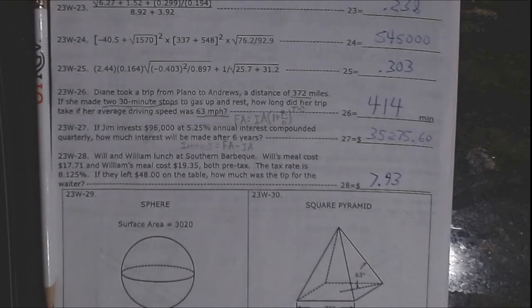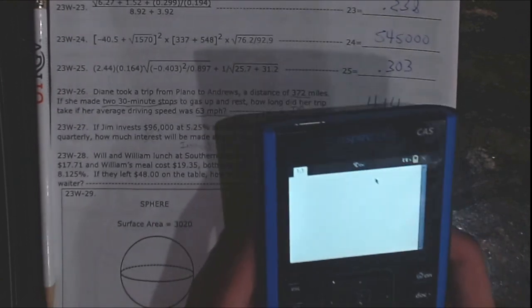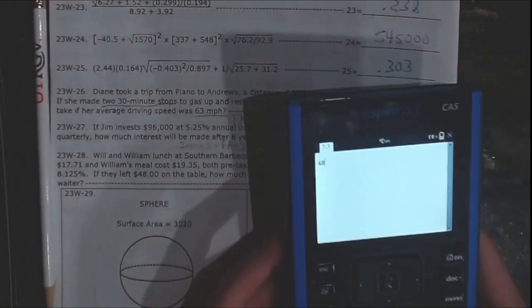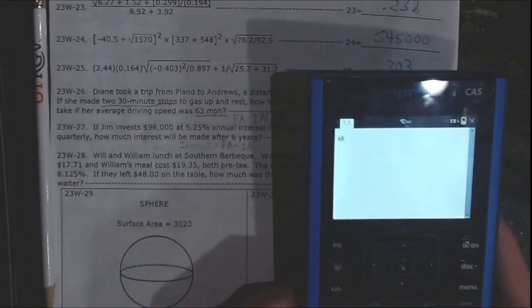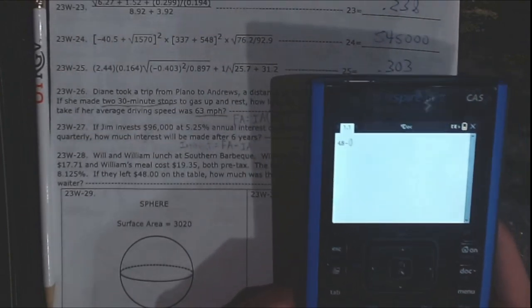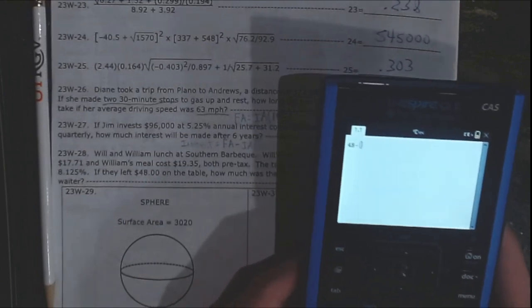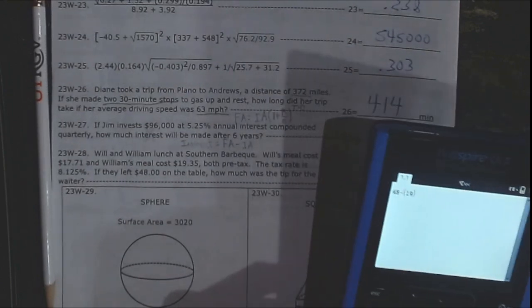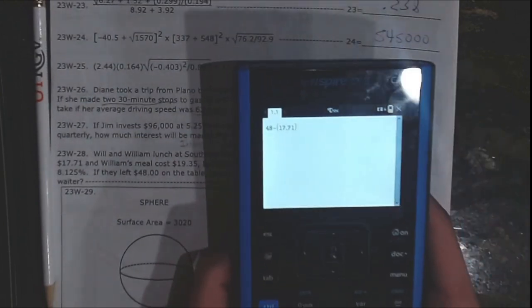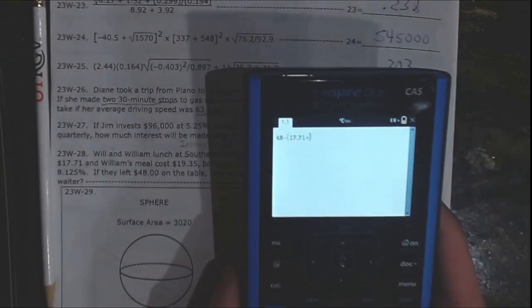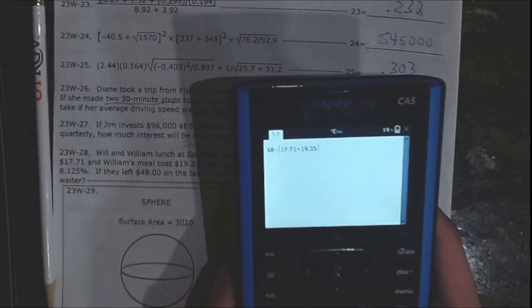This is also a pretty easy question. We're going to take our $75 that's left on the table, and we're going to subtract the cost of the food, leaving us with the tip amount. The cost of the food was, well, Will's meal cost $17.71, and William's cost $19.35.